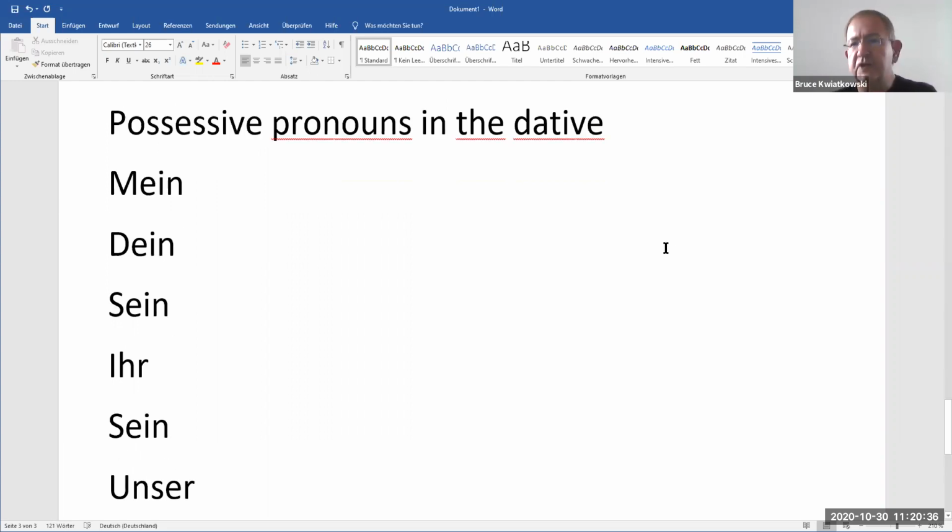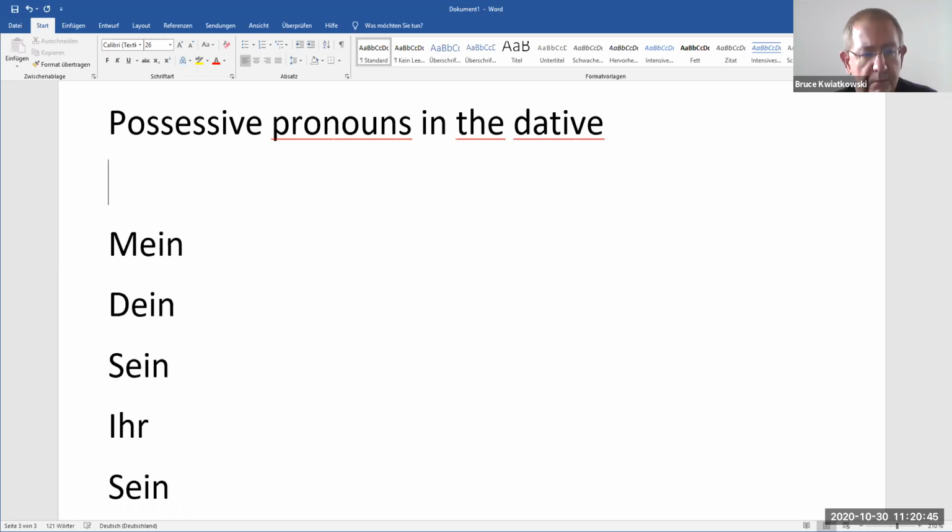Now, how they're going to change depends on whether they're masculine, feminine, or neuter, okay? So for masculine, it's going to become meinem.